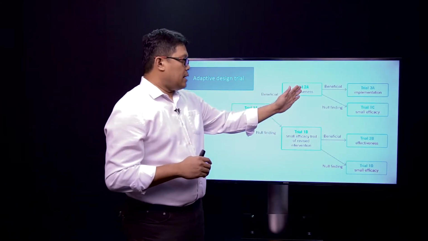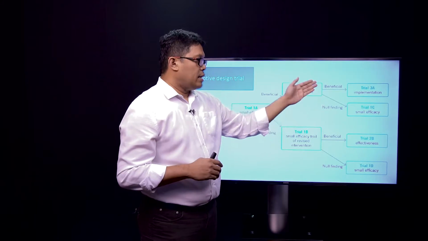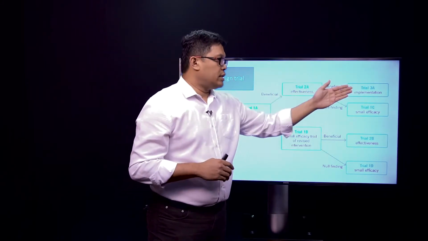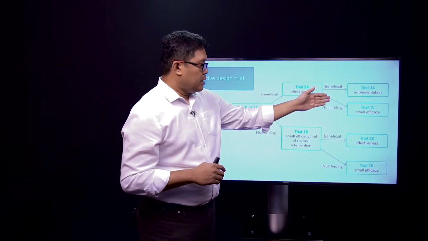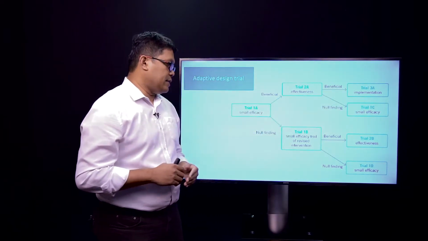And after several periods, we also measure the outcome. If there is a beneficial outcome, then we can go to the next trial, but if there are no positive findings, then they will have additional intervention.